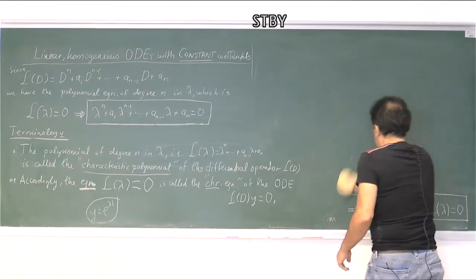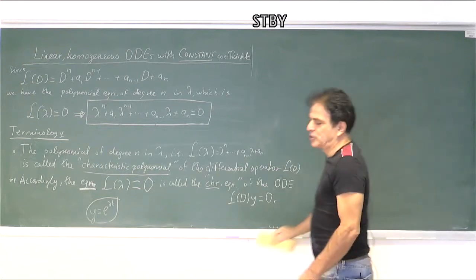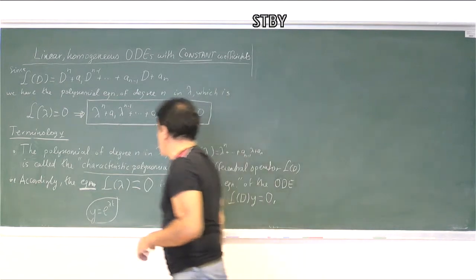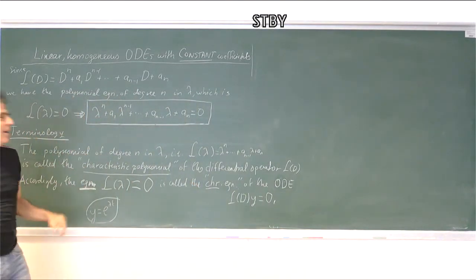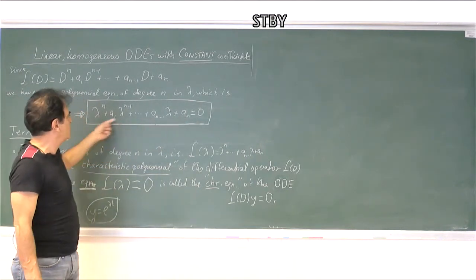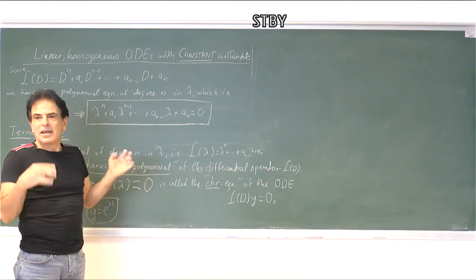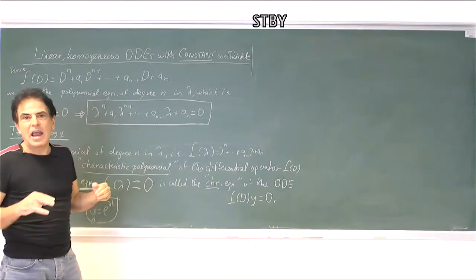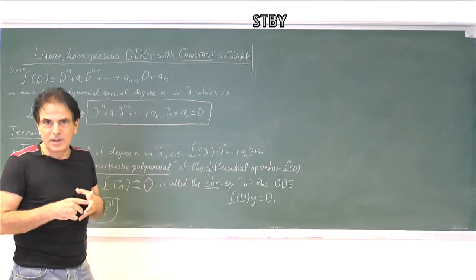So let us recall some results of basic linear algebra. Roughly speaking, if we have a polynomial equation of degree n, we expect n roots in total.